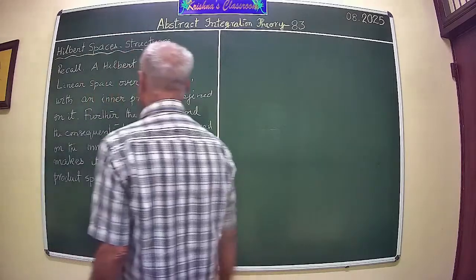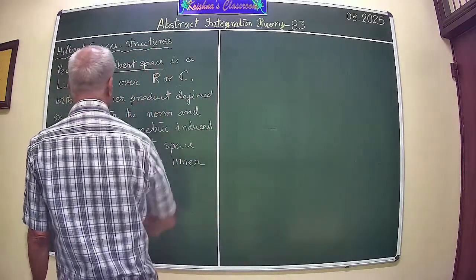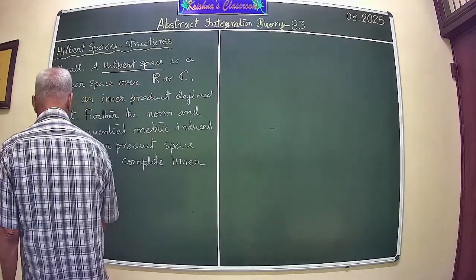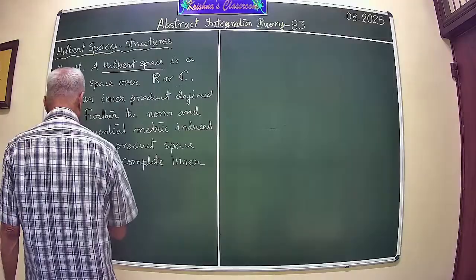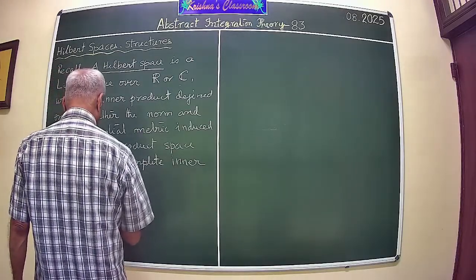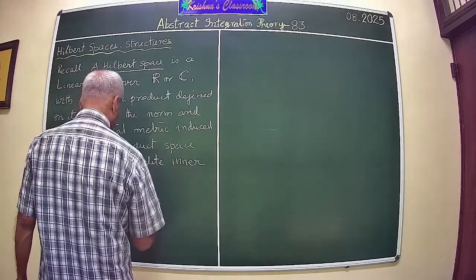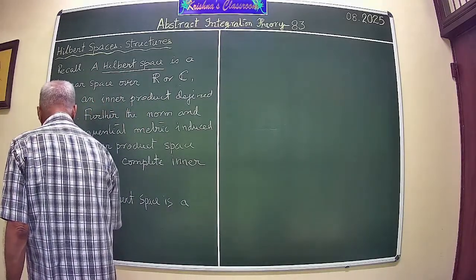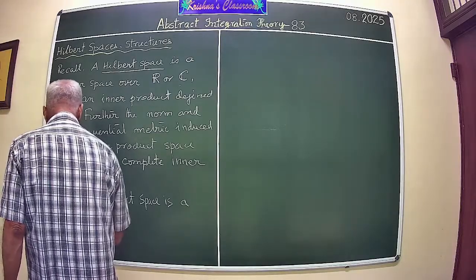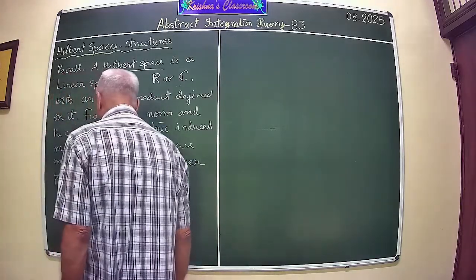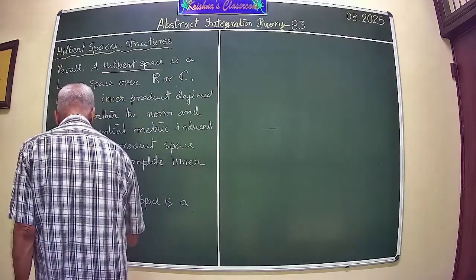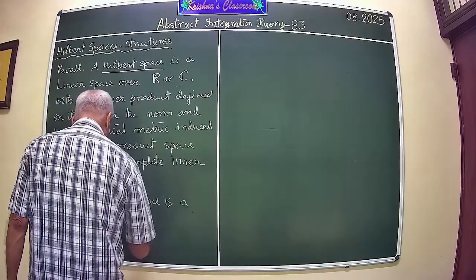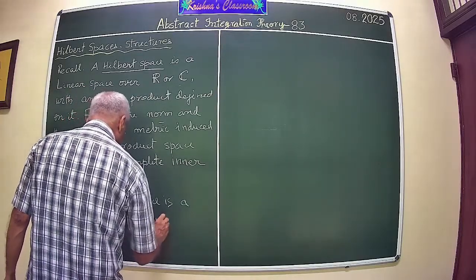And this is what is called a Hilbert space. So a Hilbert space is a complete normed, complete inner product space.